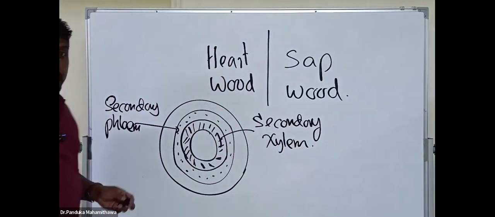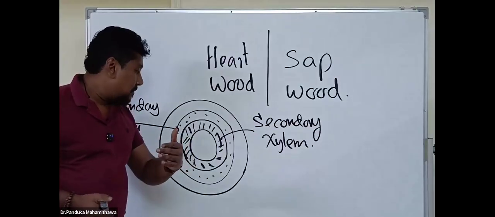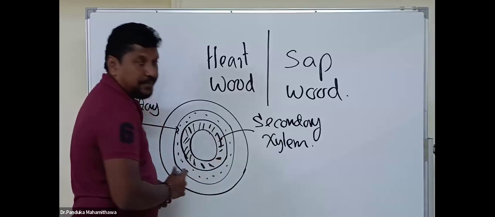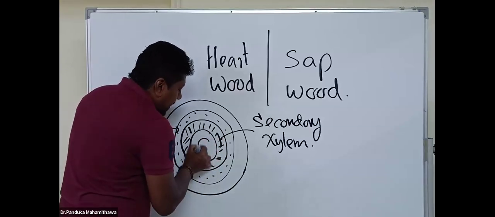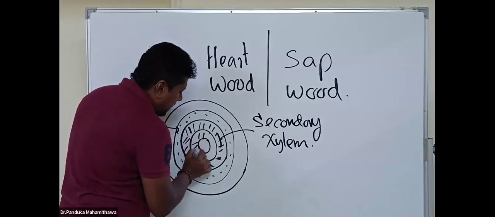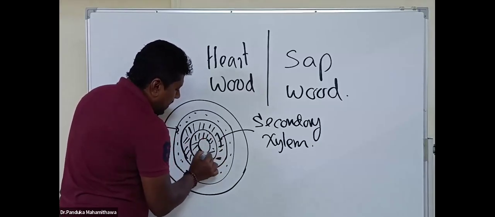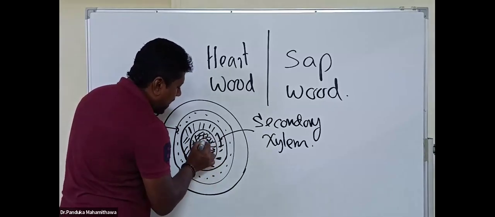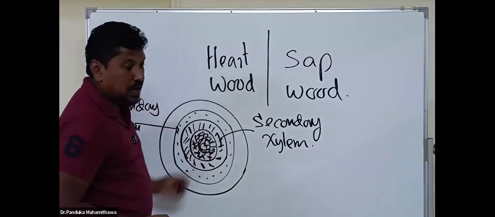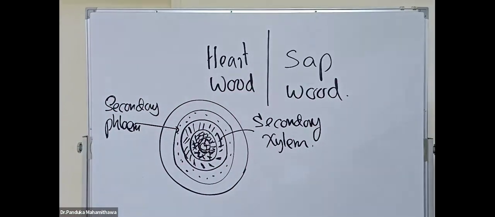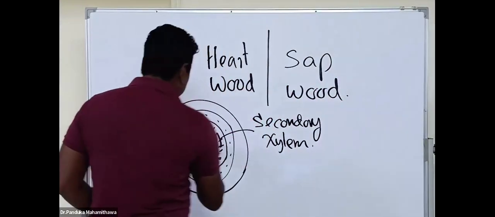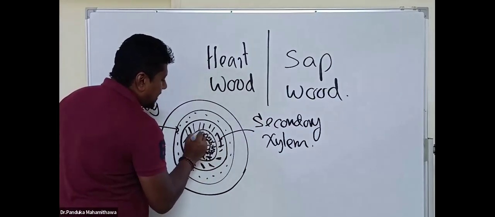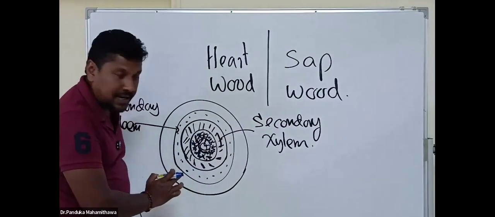Now, as the plant passes years and years, the secondary xylem is collected towards the inside. The older part of the secondary xylem is compressed to the inside. I'll mark this older part in blue. This whole part is the secondary xylem.